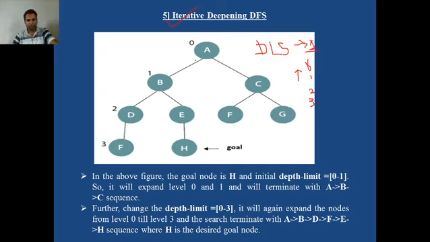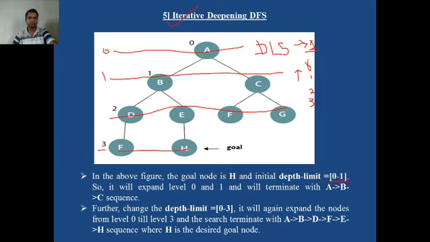So here for this particular search tree, initially the depth limit is set from 0 to 1. That means the nodes from level 0 and level 1. These are the nodes from level 0, these are the nodes from level 1, these are the nodes from level 2, and these are the nodes from level 3.